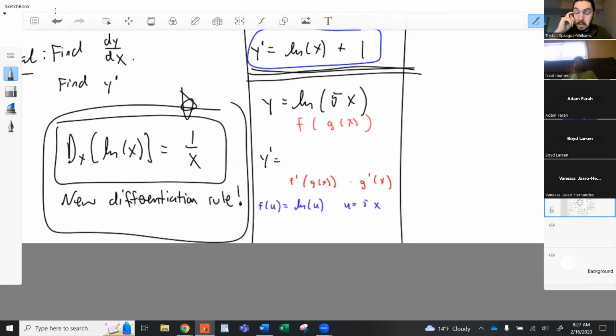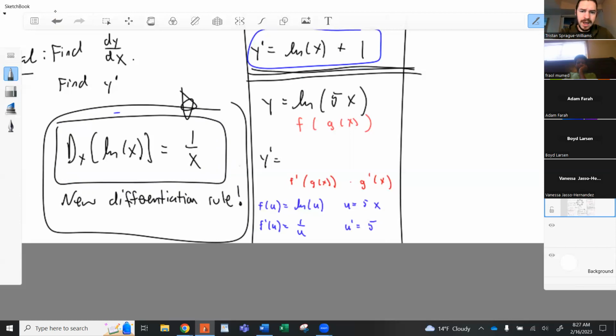So f of u is natural log of u, so f prime of u is going to be 1 over u. That's what we just learned right here, that's this rule. Whereas here, u is equal to g of x, and g prime is just 5.